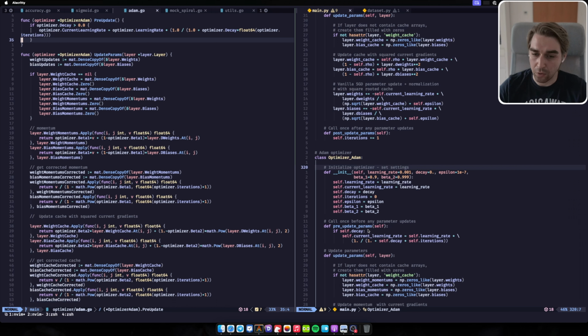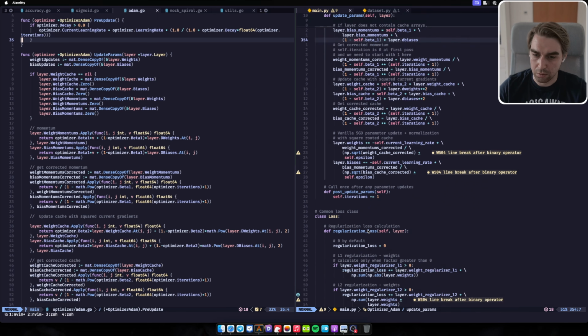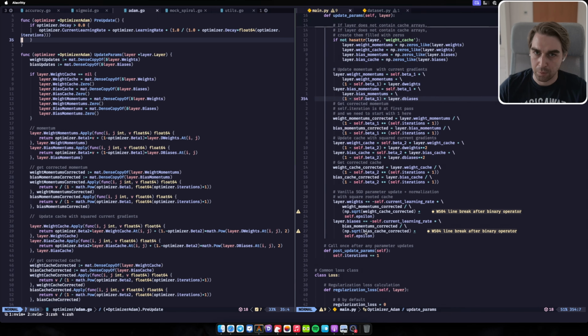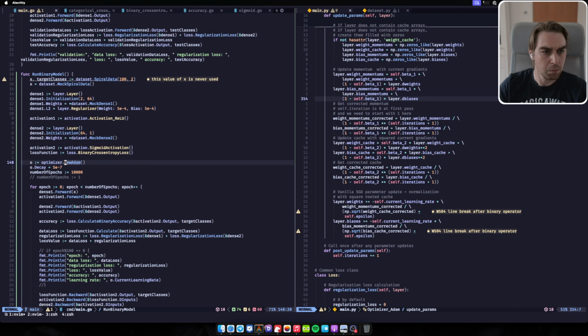I'm not really sure. But we're using the same Adam optimizer with the same regularization, same number of nodes. I mean, okay, the difference is not that big.